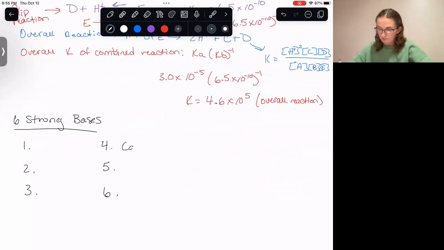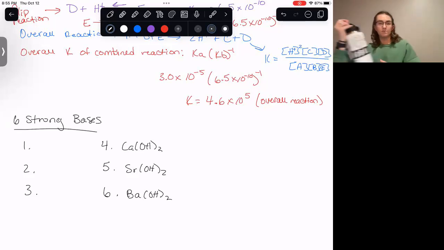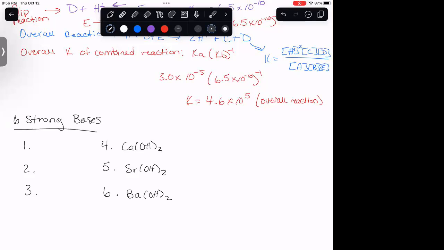I gave you calcium hydroxide earlier, strontium hydroxide, and barium hydroxide. What else is there? RbOH is not one of them. Lithium hydroxide, sodium hydroxide, and potassium hydroxide. Okay, thank you.